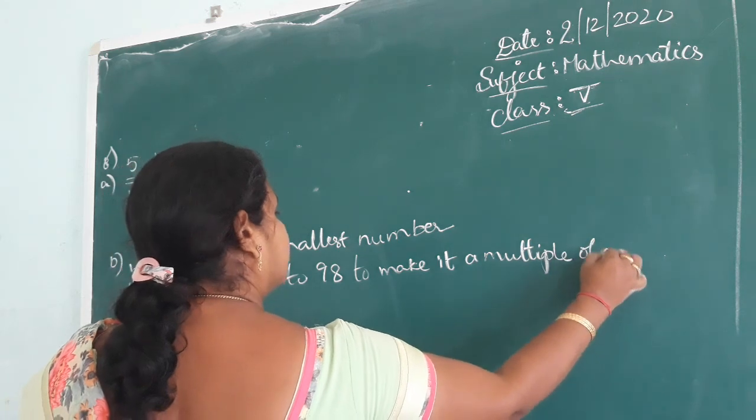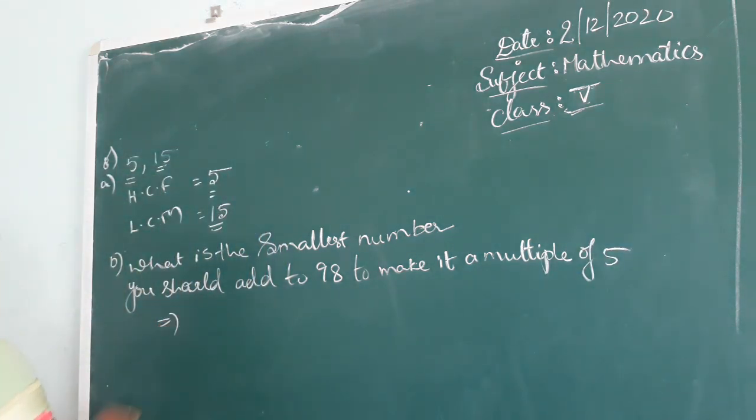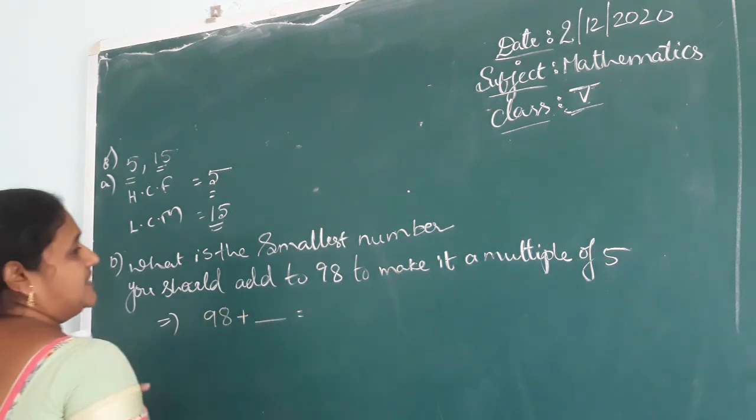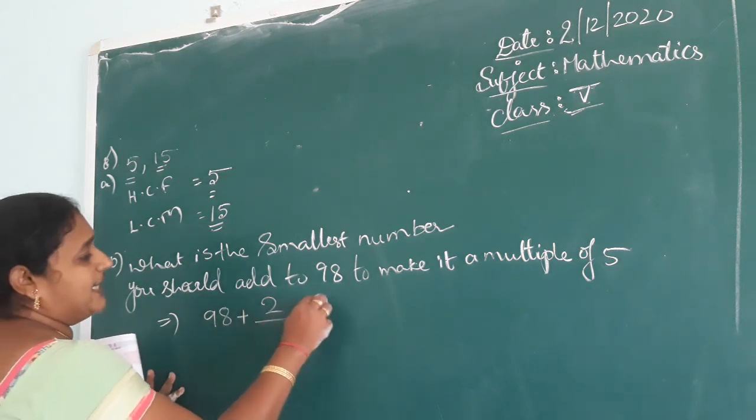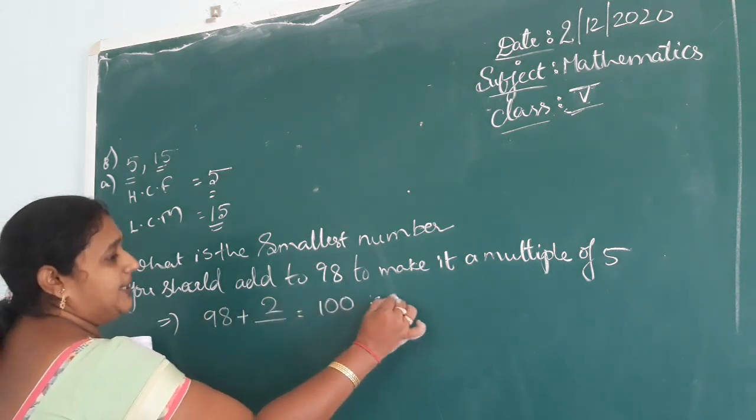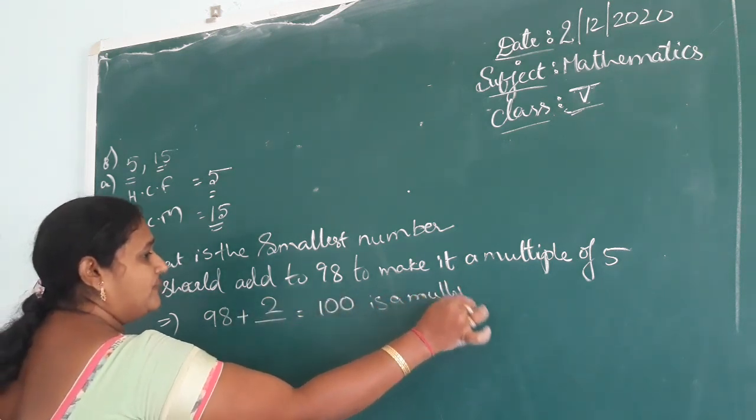After which number you add to 98 will it be a multiple of 5? If you add 2, it becomes 100. 100 is a multiple of 5.